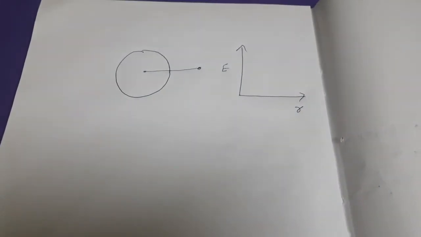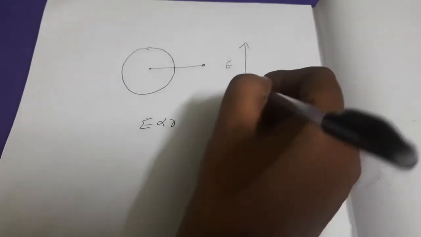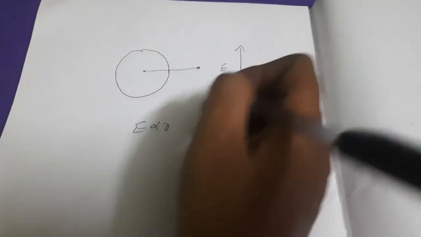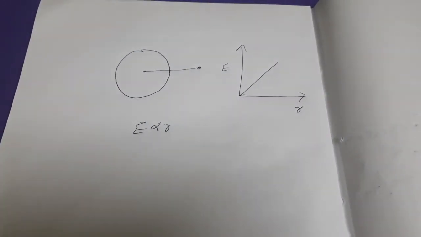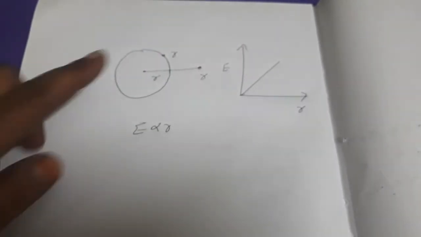So in this case, see, electric field due to a uniformly charged non-conducting solid, for r less than R and for r greater than R, you can get different cases. If r is less than R, E is directly proportional to r. So it is going like this. Then outside, if r is greater than R, we should consider a point. Sometimes this is on the surface, sometimes it is here.